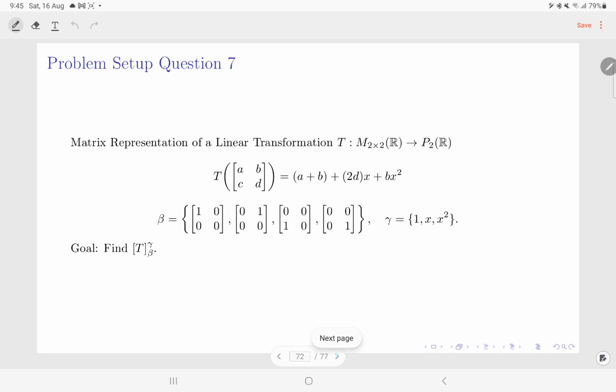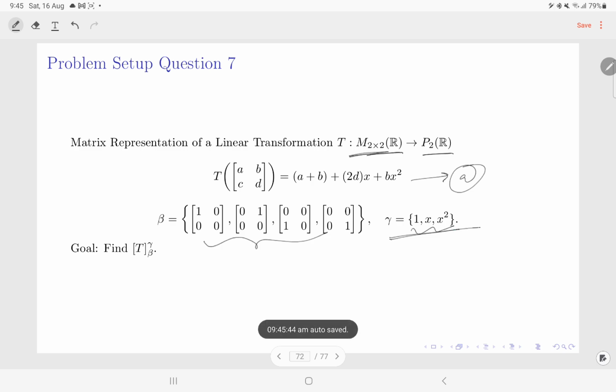What about this question? Your transformation is given from the matrix space to the polynomial space, and this is the transformation. The standard basis for the 2 cross 2 matrices is this one. I have already discussed this one. And for polynomials of degree 2, it will be 1, x, x square. This is the standard basis for P2. Can you find this now?